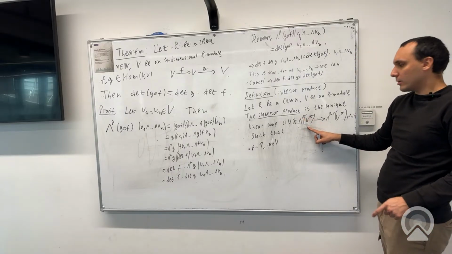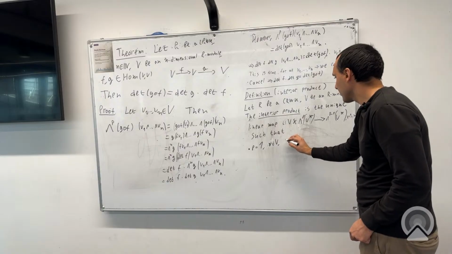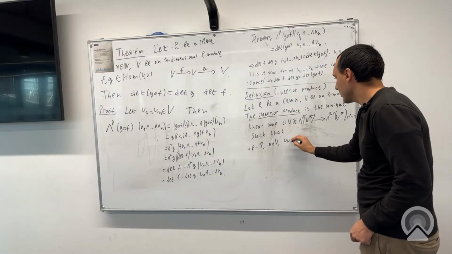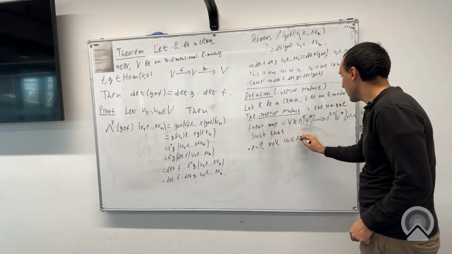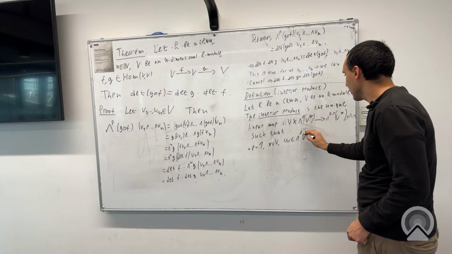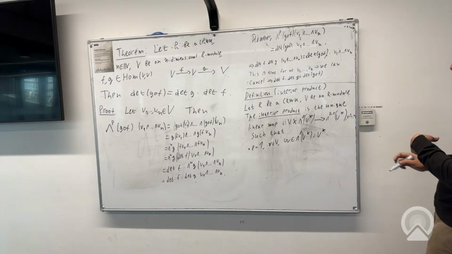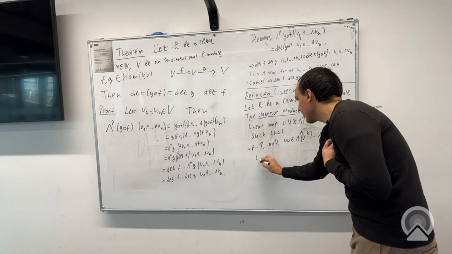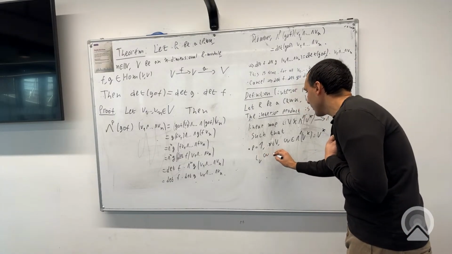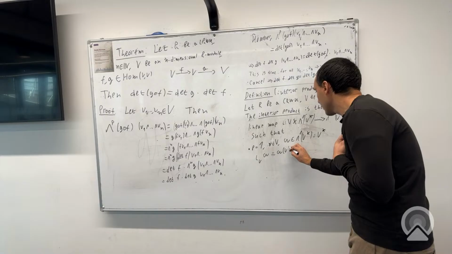We have a covector, so omega is in lambda 1 V star, which is V star. So this is a dual. And so the interior product of v with respect to omega is omega of v.